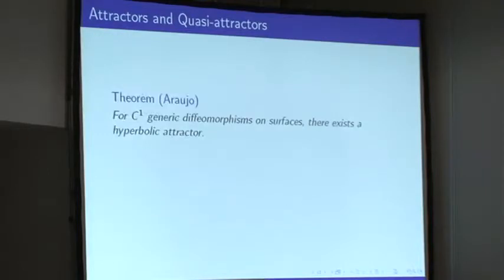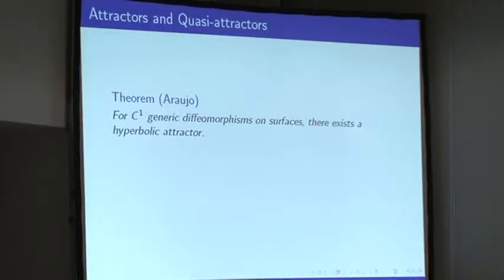Indeed, what we have is that in dimension 2, for C1 generic diffeomorphisms, attractors do exist. Moreover, for a C1 generic diffeomorphism on compact surfaces, there exists a hyperbolic attractor.